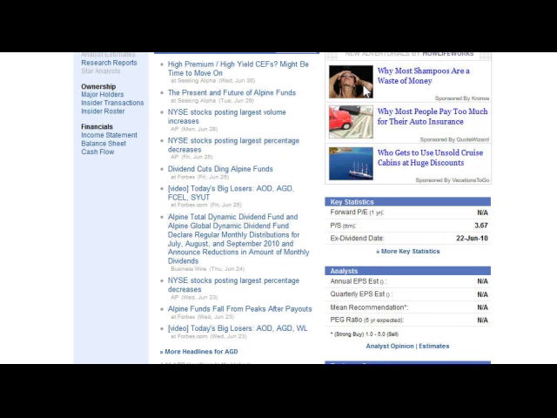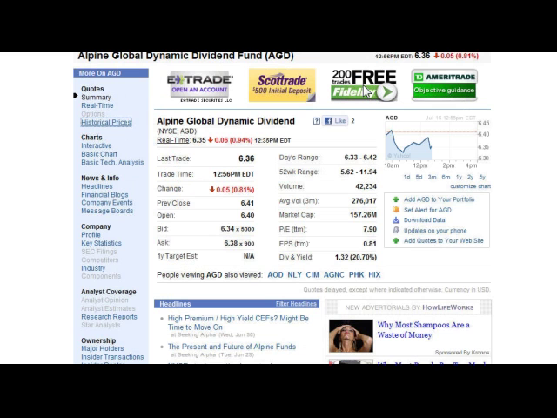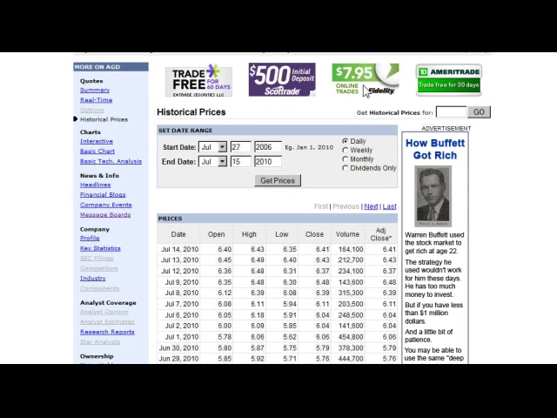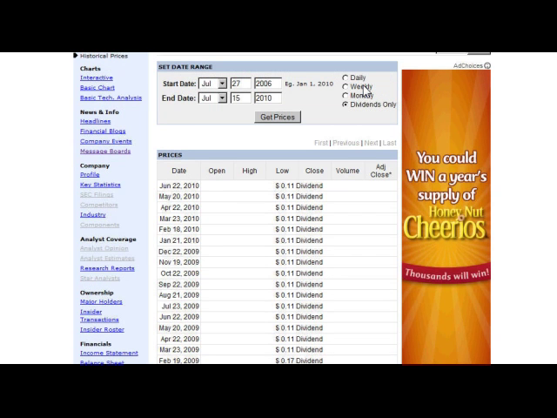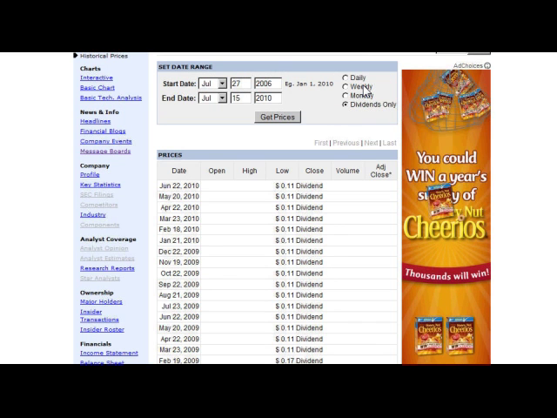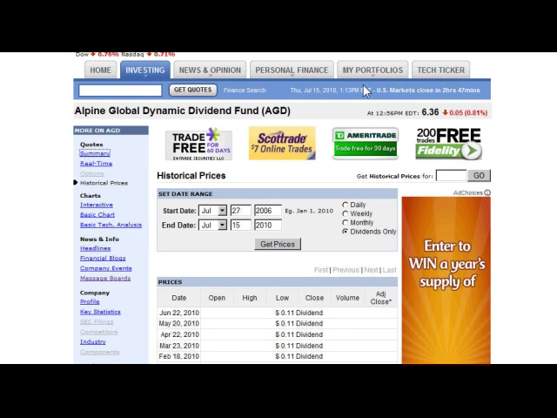Historical prices, dividends only. Well, that's 11 cents, and it pays monthly. 11 cents monthly. So what was they asking again? $1.32? Okay, that is a 20% return.